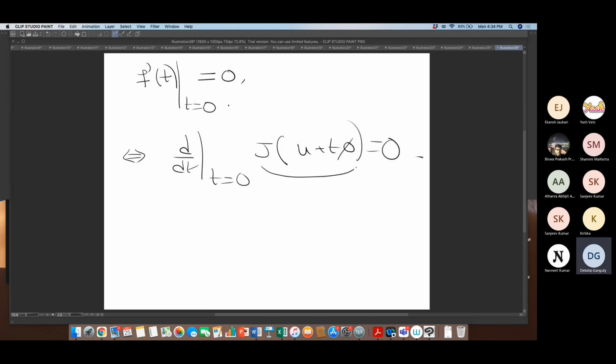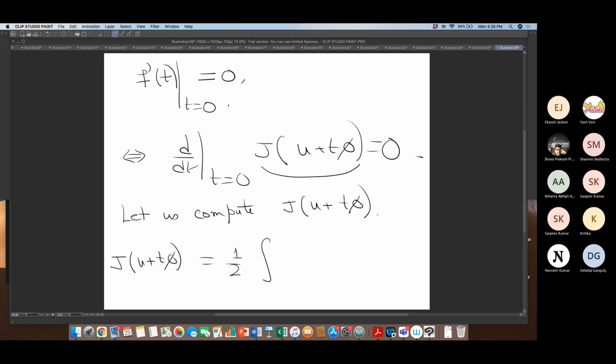Now let us compute what J(u + tφ) is, and then we will see the meaning of d/dt at t equal to 0. J of u plus tφ is half the integral of the gradient of u plus t gradient of φ squared, minus the integral of f times u plus tφ.